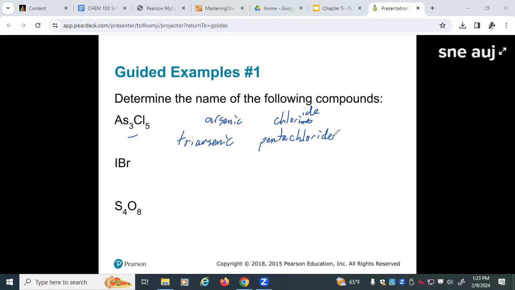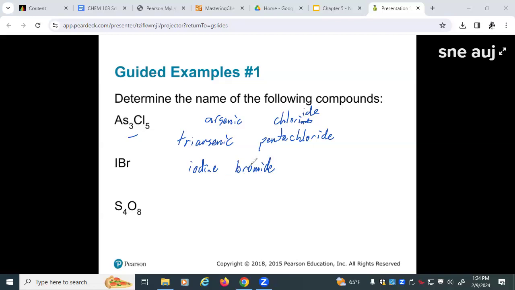For our second example, IBr. I is iodine. Br is bromine, so we're going to change that to bromide. We just need to add prefixes. Prefix for 1 is mono.